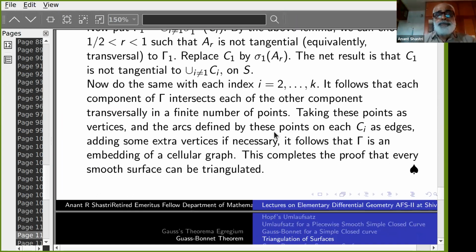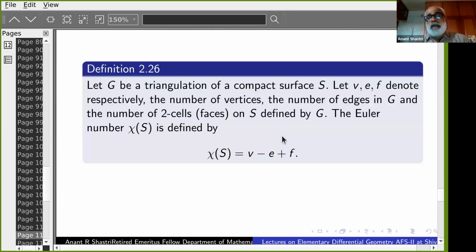Okay, so now let's go to another important concept here, before stating the Gauss-Bonnet theorem in the general case. Before stating the general case, we need this one.